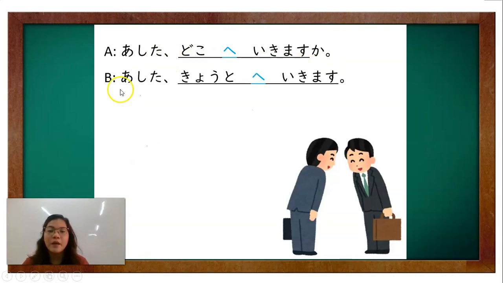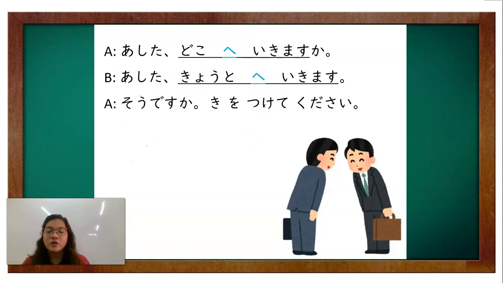He answered, Ashita Kyoto e ikimasu. Bukas, pupunta ako sa Kyoto. Tomorrow, I will go to Kyoto. Just the same. Si ikimasu yung verb natin, since si Kyoto yung place natin, so siya yung lalagyan natin ng particle e.